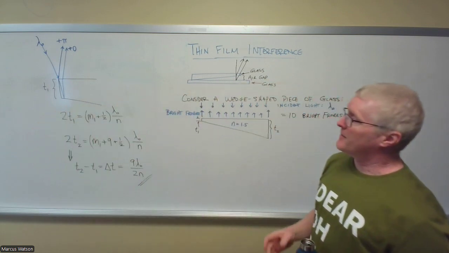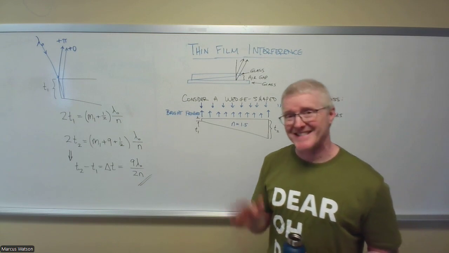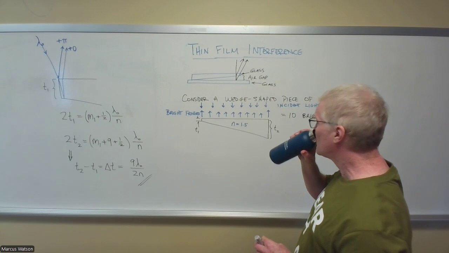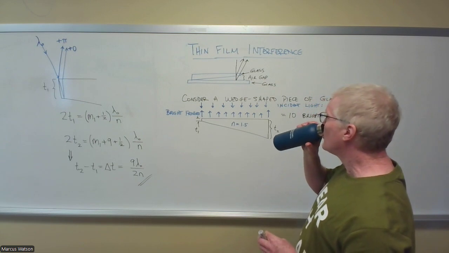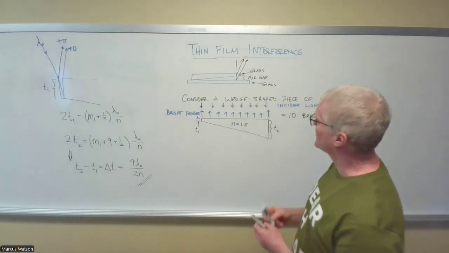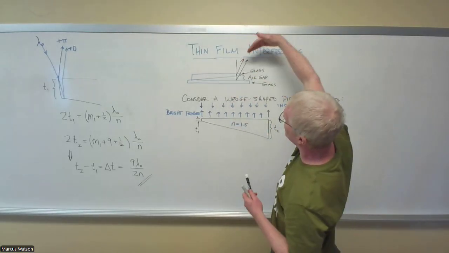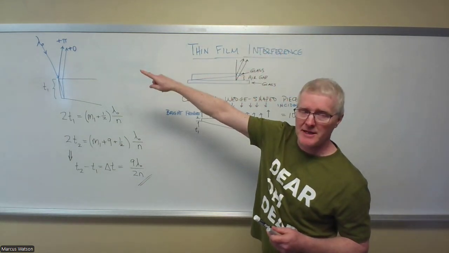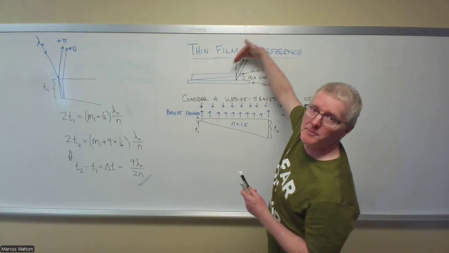Now, thinking about the problem on the homework, that's slightly different than this one, okay? In that case, I've got a bowl shape. But you're going to use basically the same reasoning as I've done here, but you just have to deal with the bowl shape.